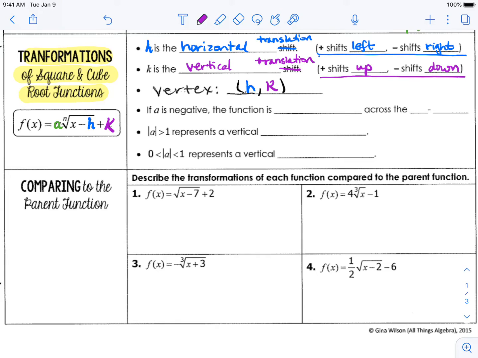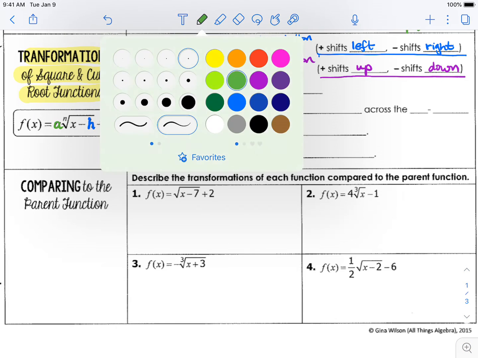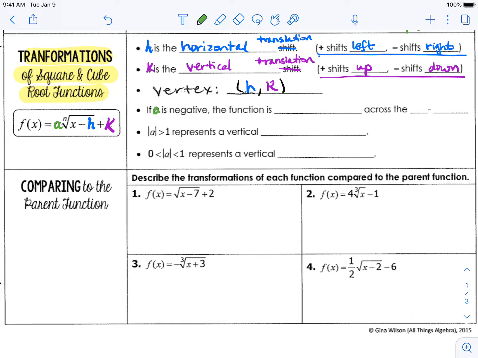For A, my A is going to be green here. If my A is negative, then that means it's reflected across the x-axis, which means that it's going to be upside down.